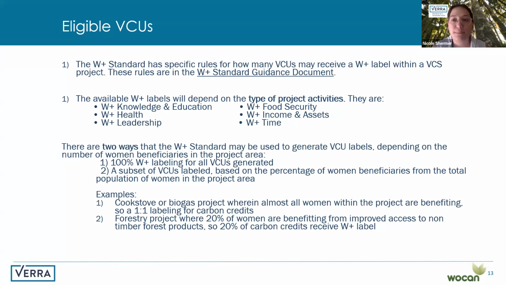So it would be a 1-to-1 labeling, or 100% are eligible for that W+ domain label of the VCUs, or it might be a subset based on the percentage of the women beneficiaries in the area who are being affected by that project activity. So perhaps it might be about 20% for a different type of project.